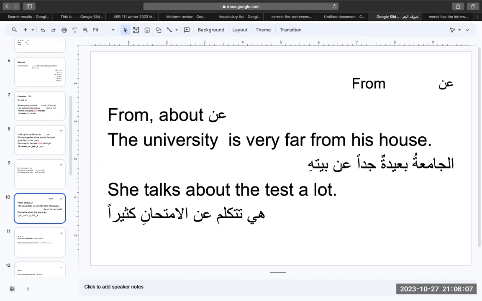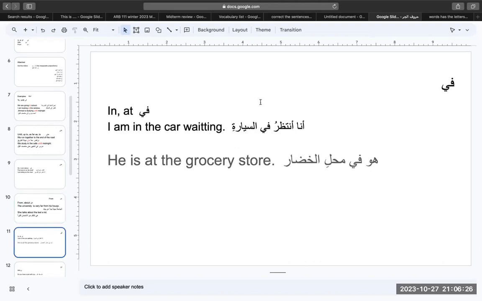Here in the meaning of from. Here, هي تتكلم عن الامتحان كثيرا. Here in the meaning of about.